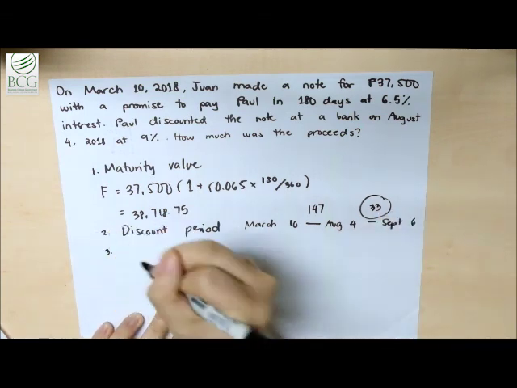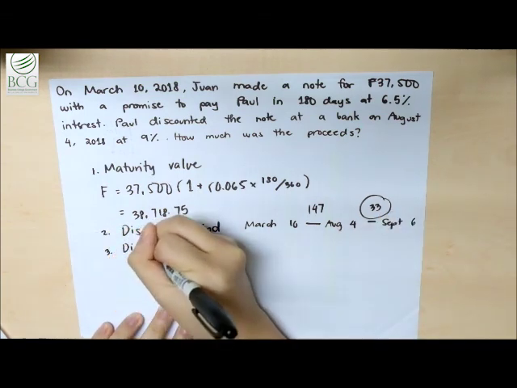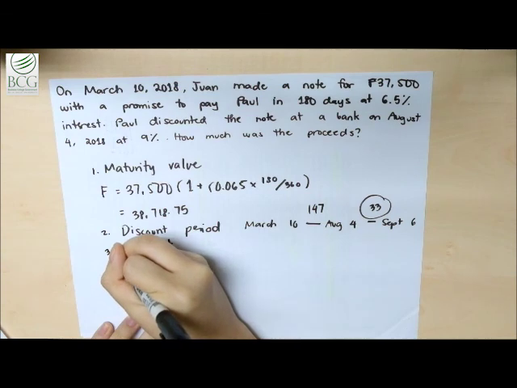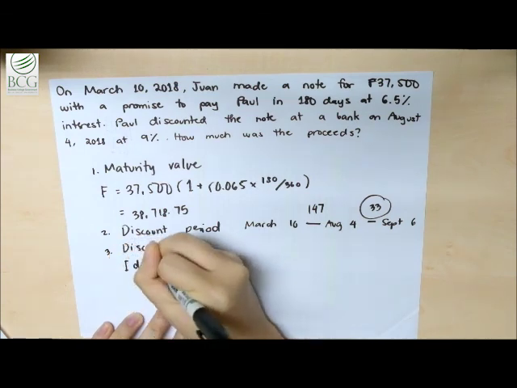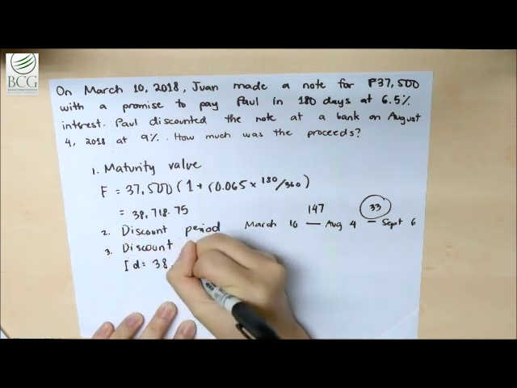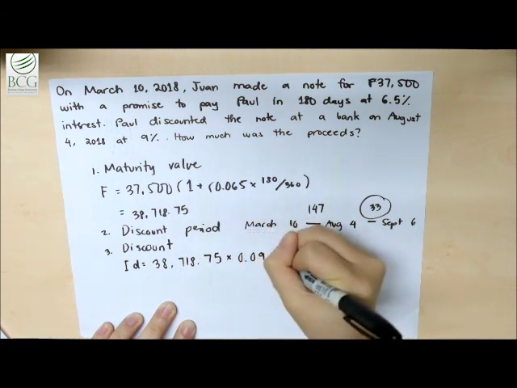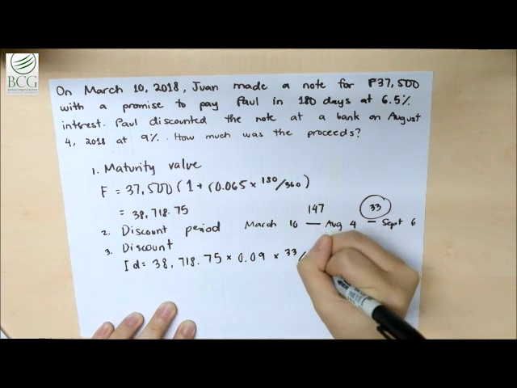The third step is to solve for the discount, using the formula I sub d is equal to F d t. So we will use the F that we solved earlier times 0.09 times 33 over 360.